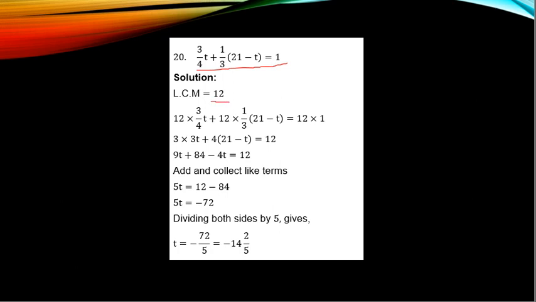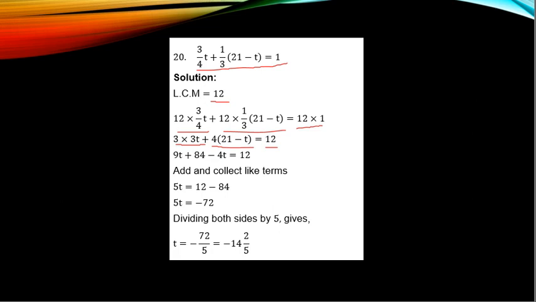So you multiply the first term by 12, second term by 12, the right hand side by 12. So 12 divided by 4 is 3, 3 times 3t. Divide 12 by 3, you have 4. That's the second term now, times 1 is 4 into (21 minus t) equal to 12.